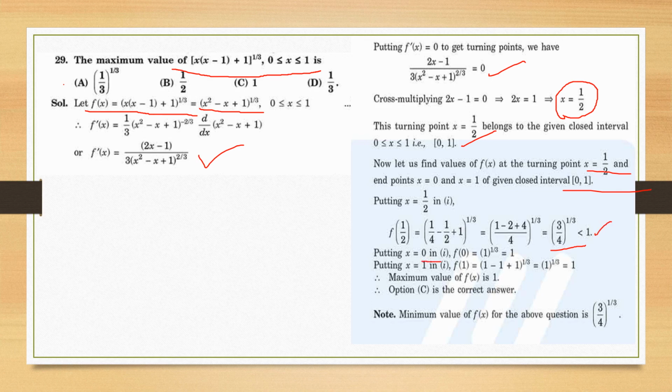At x equal to 0, the value is 1, and at x equal to 1, the value is again 1. So this value is less than 1, and the maximum value of the function is 1 itself. That means option number C is correct. Maximum value is 1. And if somebody asks for the minimum value, it is this one, (3 by 4) raised to power 1 by 3.